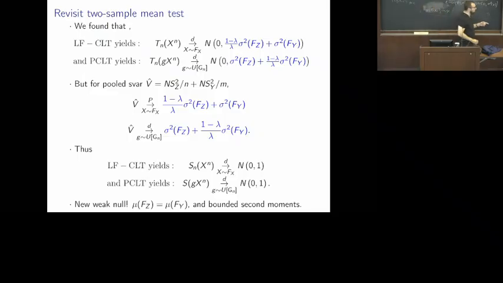Now, in terms of building methods for applied people, this is a huge game changer, because what's our new weak null? The scientific null, that the means match, and whatever moment conditions you need, which typically come from the LF-CLT anyway, so your competitive frequentist methods will also need those conditions. So what does this mean?